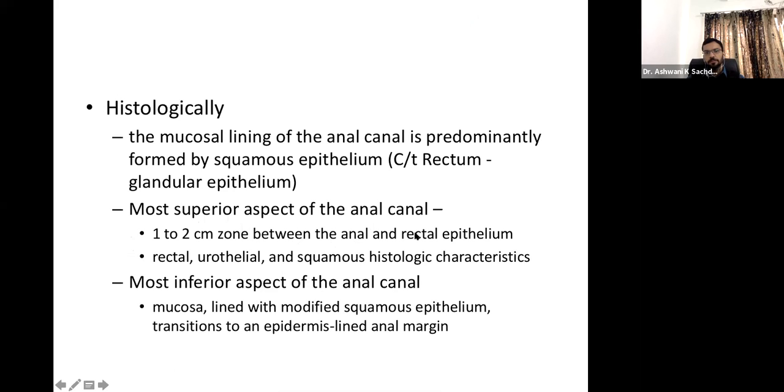In the superior-most aspect of the anal canal, the transition zone, because there is a transition, it is lined by rectal, urothelial, and squamous histological characteristics. The most inferior part of the anal canal is lined with modified squamous epithelium, which transitions to the epidermis-lined anal margin.